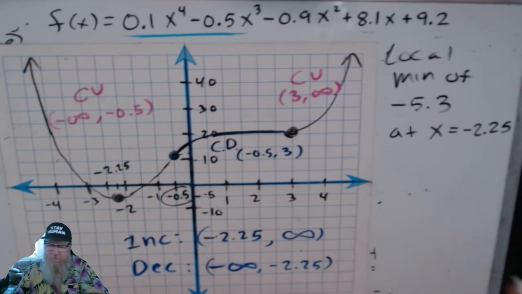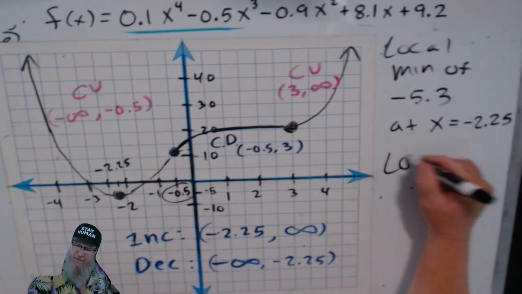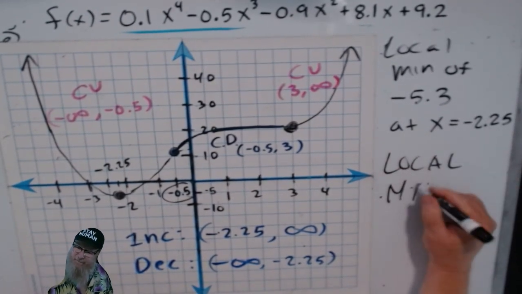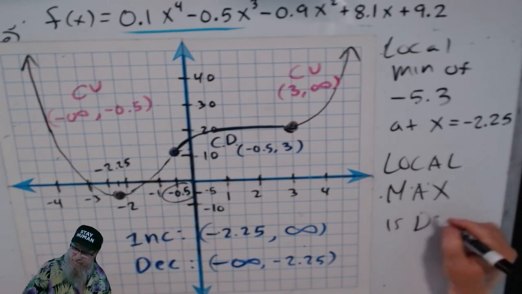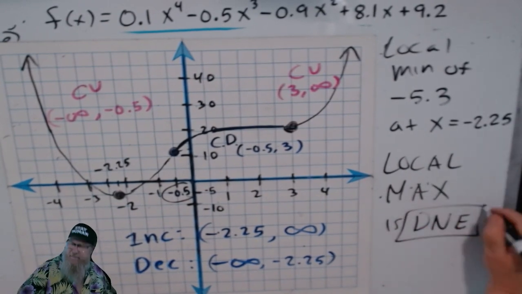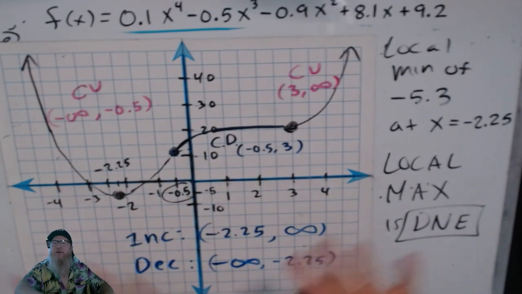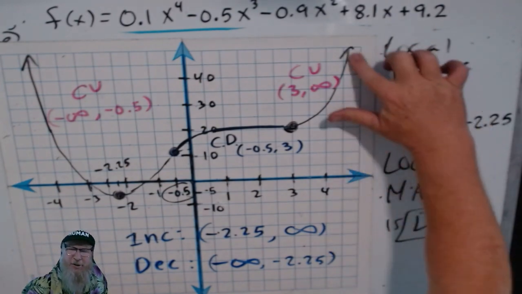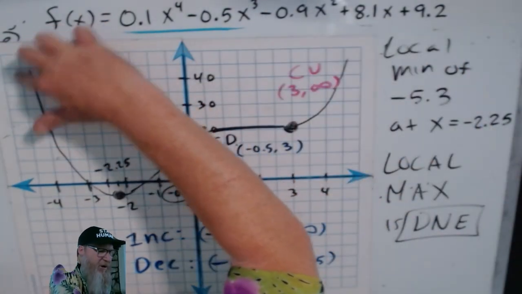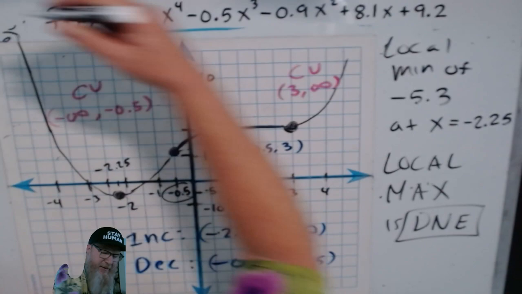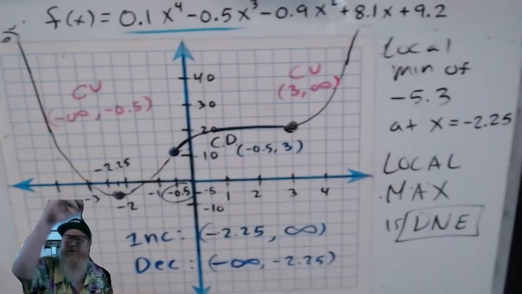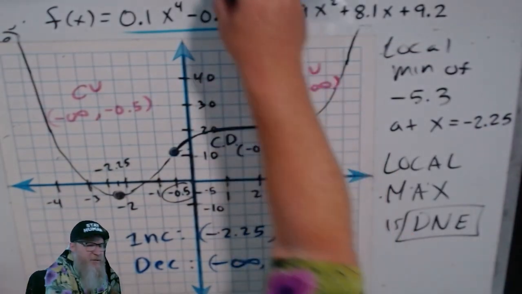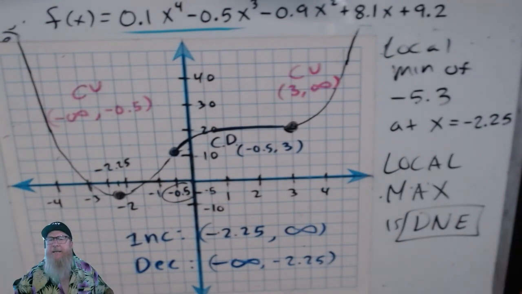And no local max. DNE for the local max. There is no top of the mountain. There is no highest point. I should mention, I think I have mentioned this before, that arrowheads don't really exist. It's just a figment of our imagination. The graph just goes right off the edge of the screen and off to infinity.